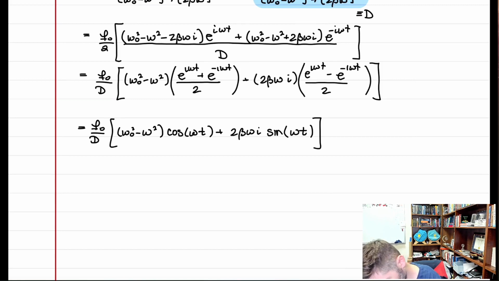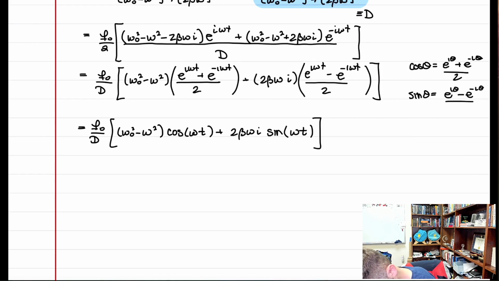Let me just write it off to the side. Cosine of theta is e to the i theta plus e to the negative i theta all over 2. But sine of theta, by the Euler formulas, is e to the i theta minus e to the negative i theta all over 2. And then there's an i out front as well.